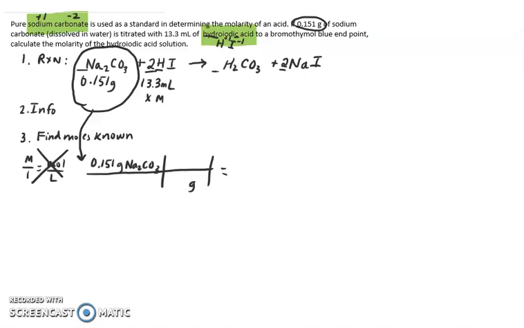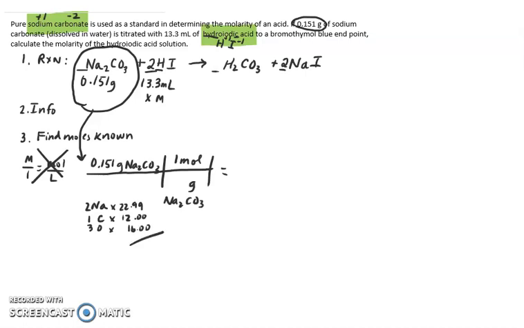So I'm going to put grams of Na2CO3 on the bottom, and 1 mole on top. It is not a long stoichiometry problem, it's a 1 step, and we're going to find formula mass. We have 2 Na's, 1 carbon, and 3 oxygens: 22.99, 12, and then 16. And we're going to add that all together.